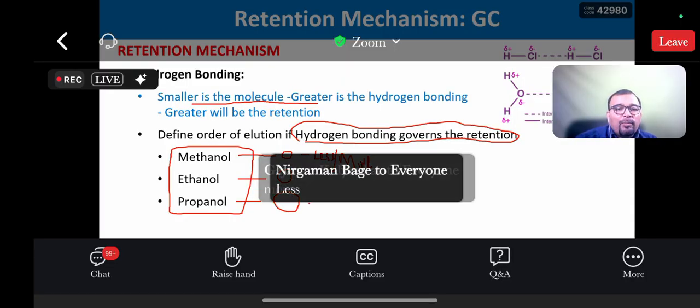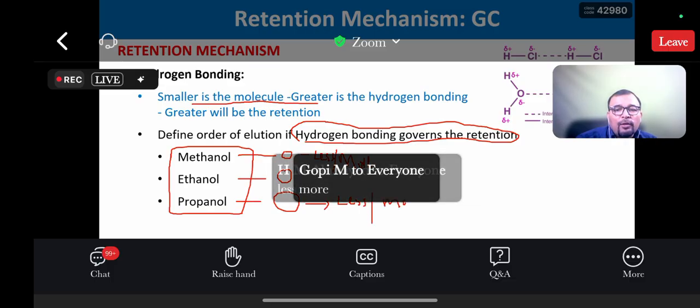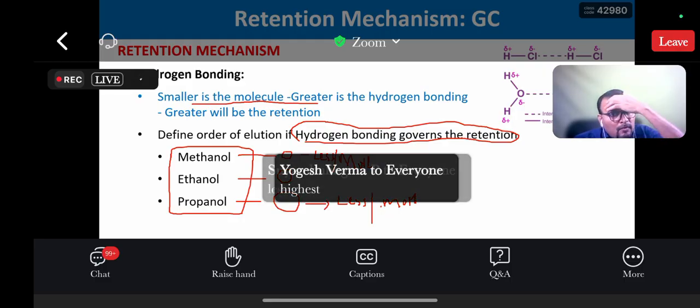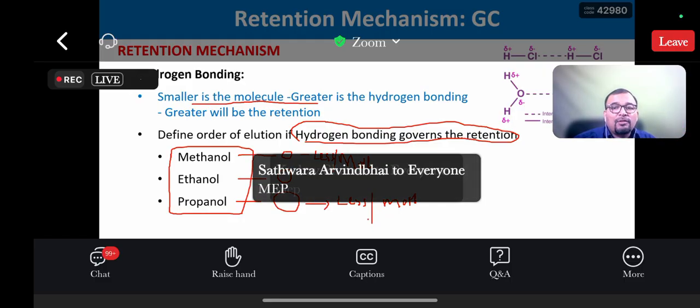And what about propanol, less or more? It's a bigger molecule. Now, can you define the order of elution once again, if you understand now?